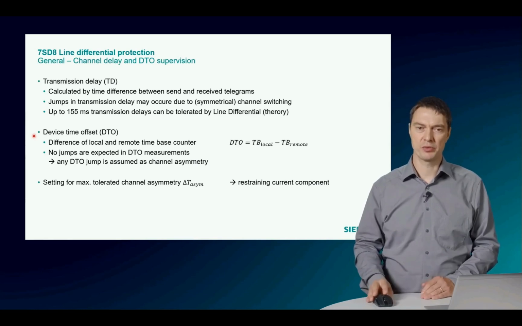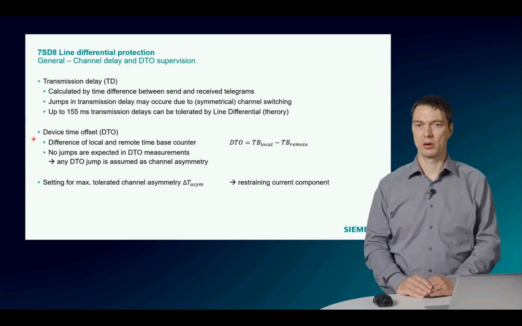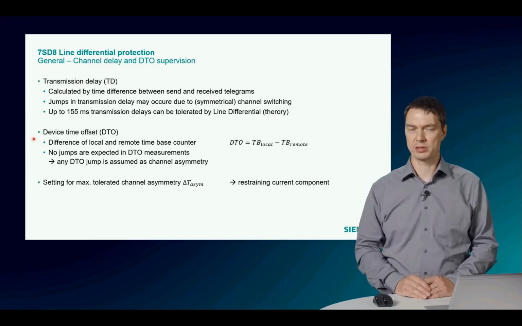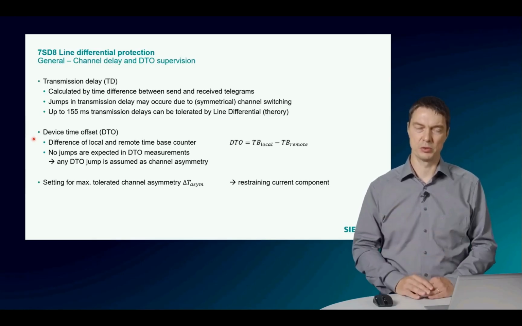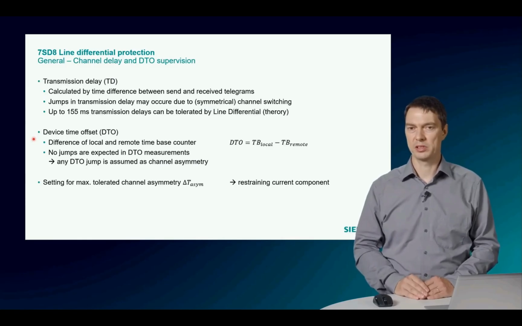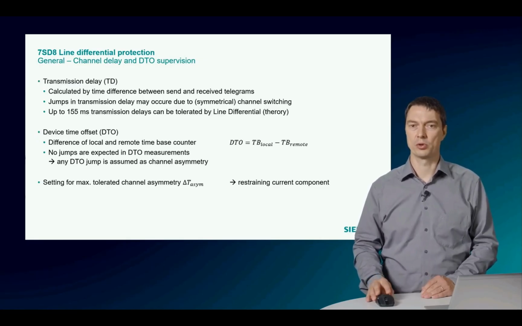The device time offset, DTO, as a difference of the time-based counters, is supervised also. Normally, we don't expect a jump in the device time offset because it's derived from the CPU frequencies. And any jump in the device time offset is assumed as an asymmetric channel delay. An alarm will be raised if such a jump occurs.